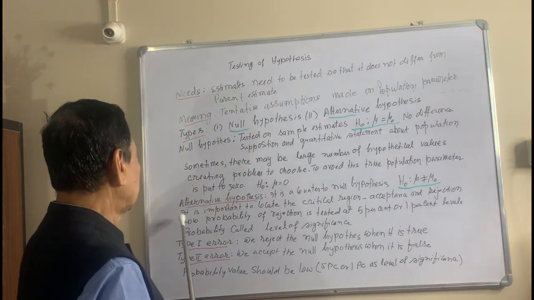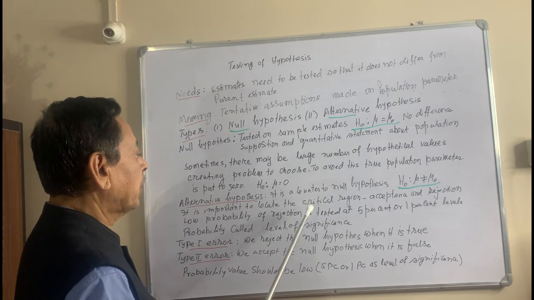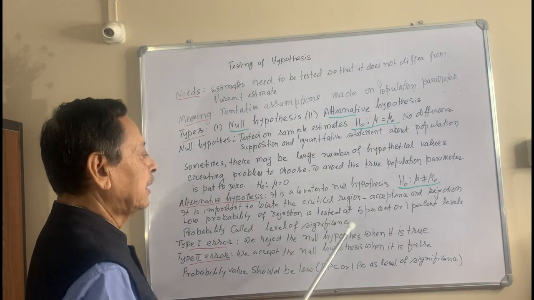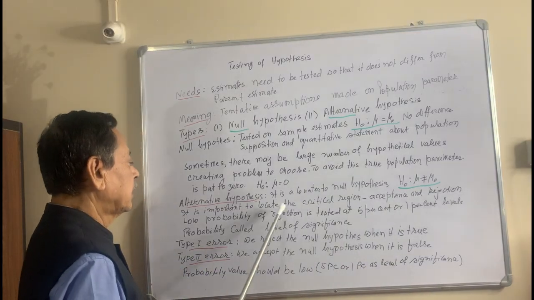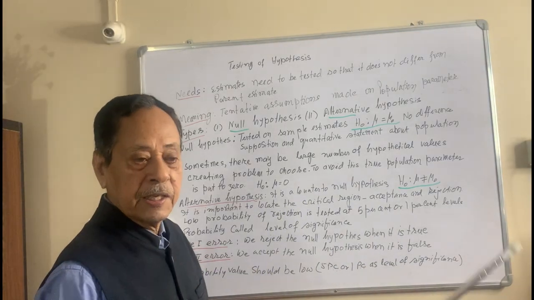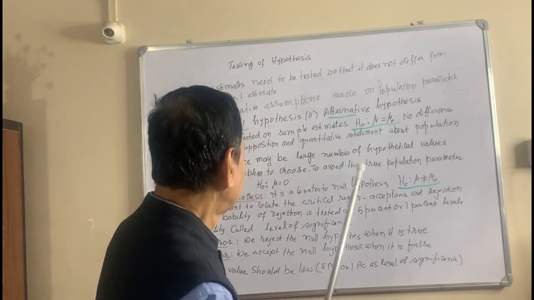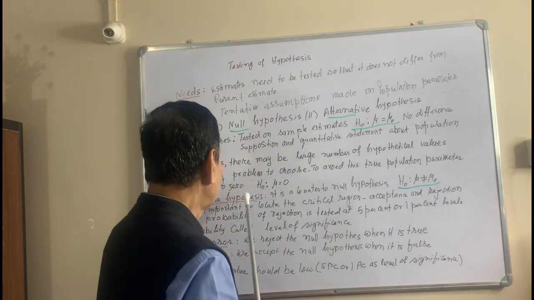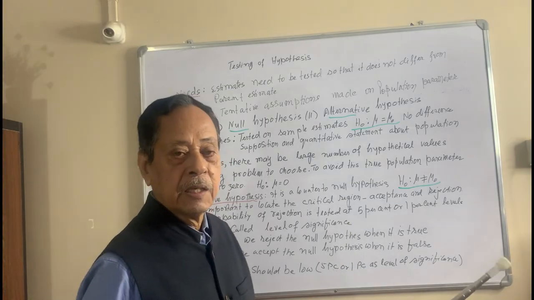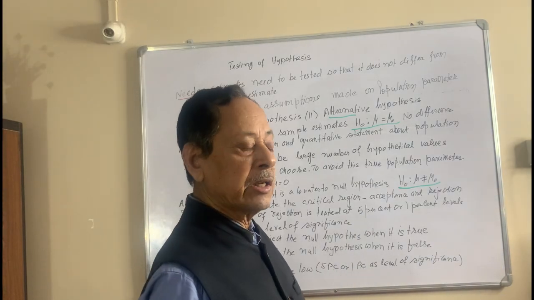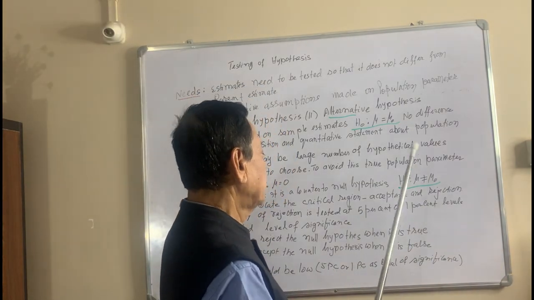Now, it is important to locate the critical region, acceptance and rejection. There are two-tailed tests; in the next lecture we'll discuss two-tailed tests. In that we'll have to locate the critical region of acceptance and the region of rejection.